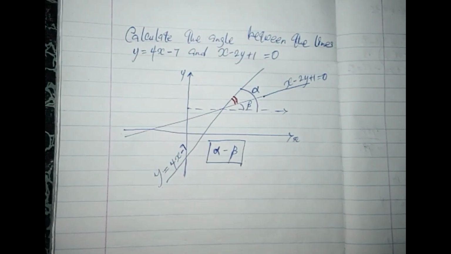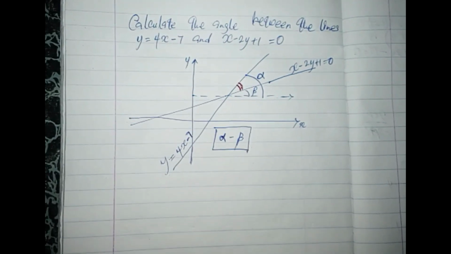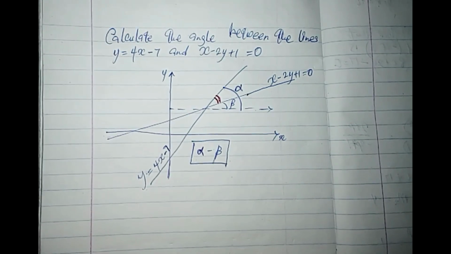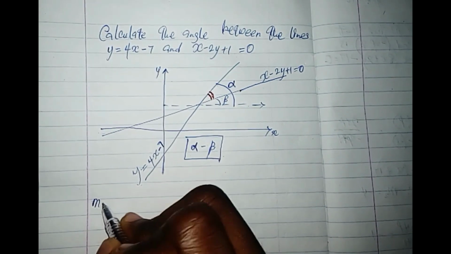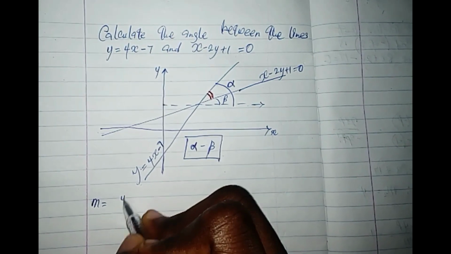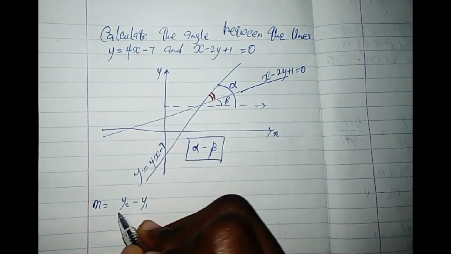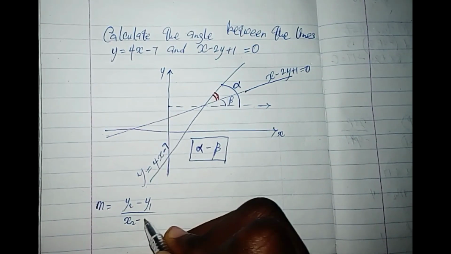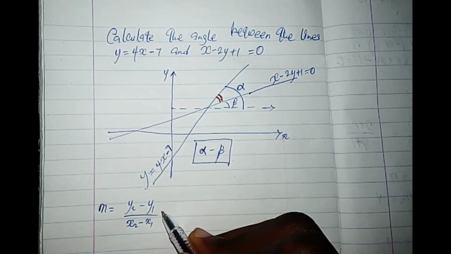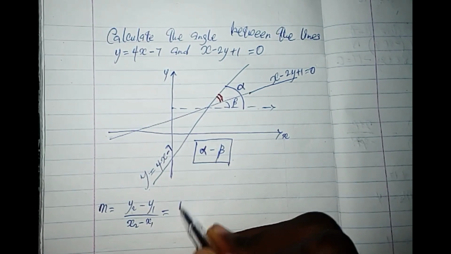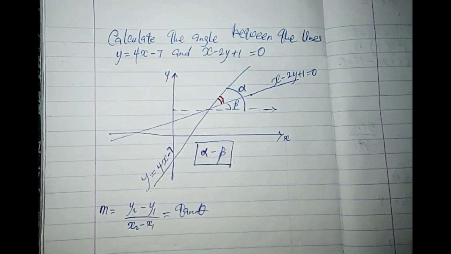So how can we find alpha and beta? Actually, we can find alpha minus beta. That's just the deal now. The formula for the gradient of a line is m equals y2 minus y1 over x2 minus x1. We actually do not need this one, but we only need the one equal to tan theta.